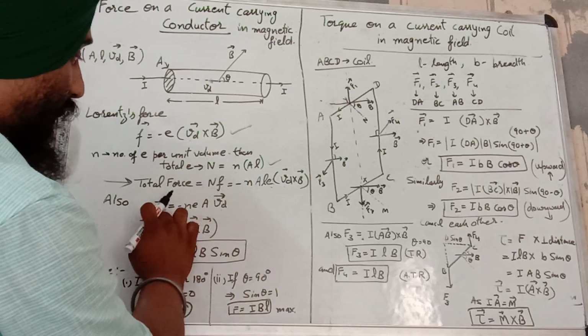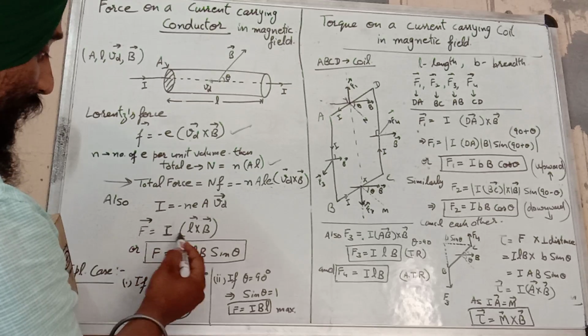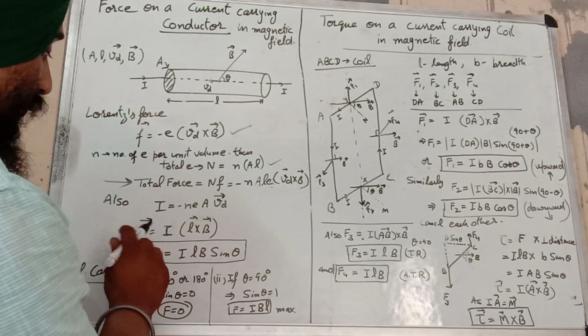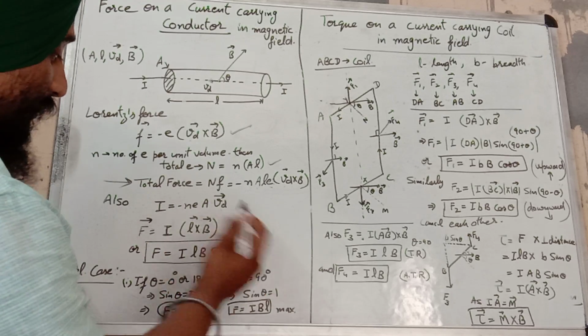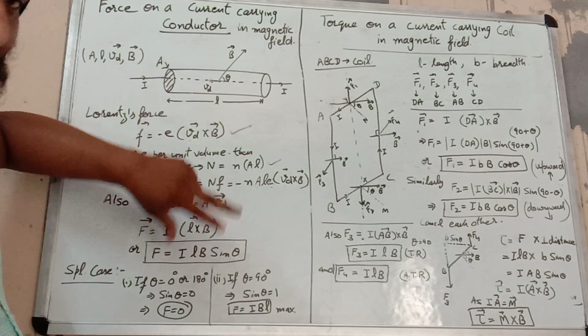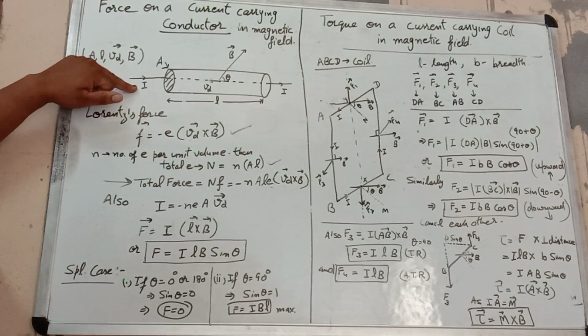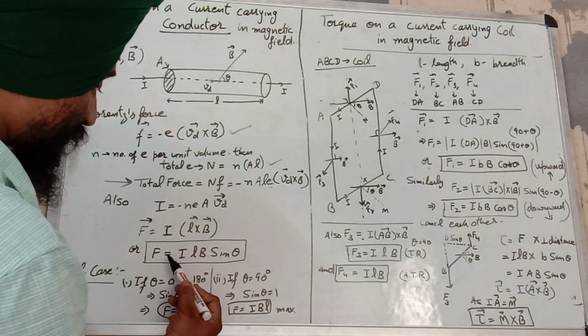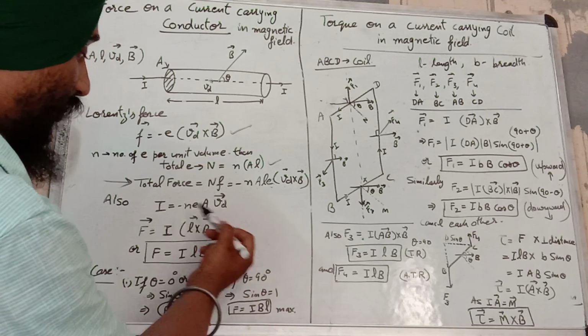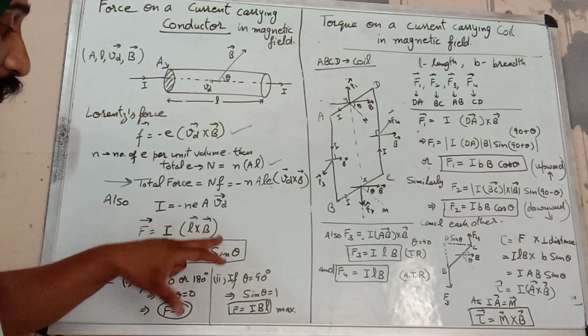Now put the value of I here. In these terms we get F equal to I L cross B, or ILB sin theta. This is the net force which acts on the conductor whenever it is placed in the field and carries current I. So it is ILB sin theta, or in vector form, I L cross B.